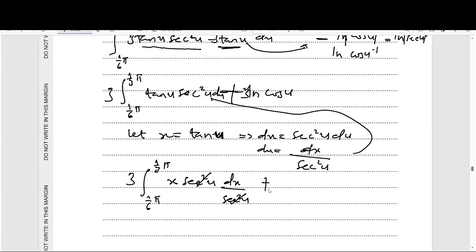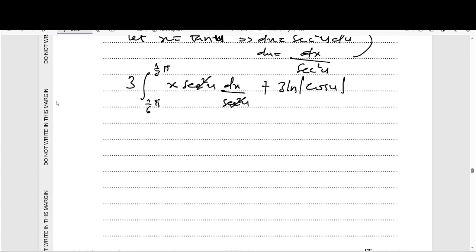Remember, plus our 3 ln of cos u in absolute value, since ln doesn't take negative values. Okay. So what we are integrating is now 3 out, integral from pi over 6 to pi over 3 of x dx plus 3 ln of cos u. Remember, ln of cos u doesn't need any integration because that has been done already.